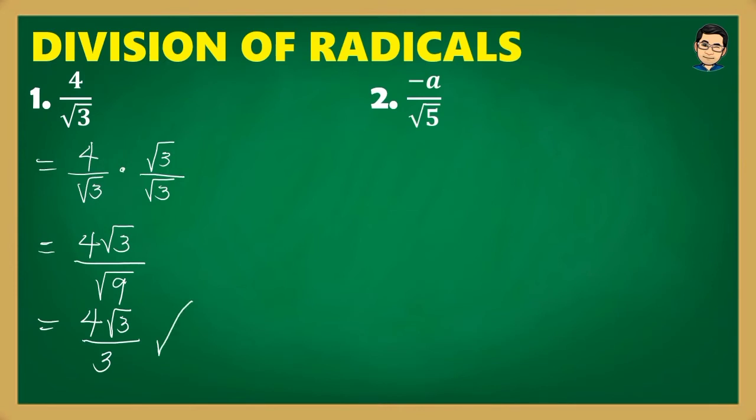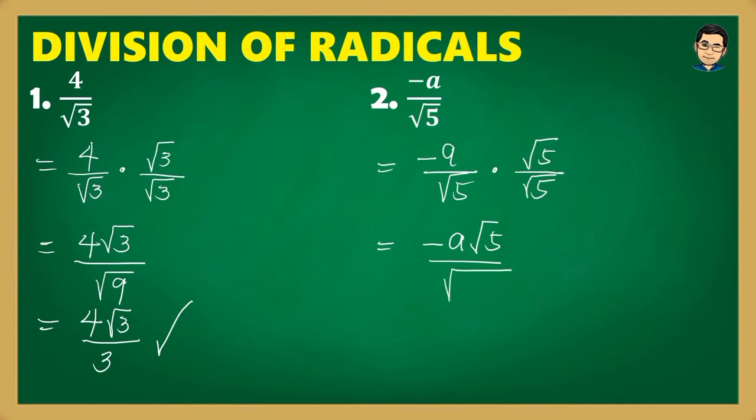Next, negative a over square root of 5. Negative a over square root of 5 times square root of 5 over square root of 5. Next, negative a times square root of 5, that is negative a square root of 5 over square root of 5 times 5, that is 25, and then negative a square root of 5 over the square root of 25, that is 5.